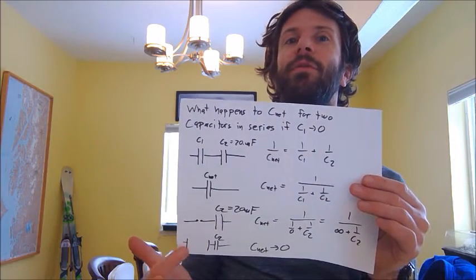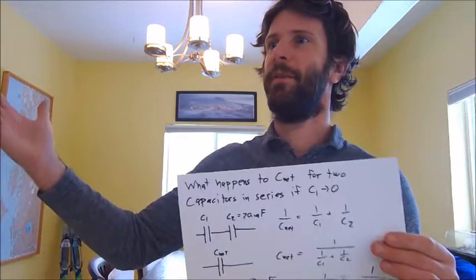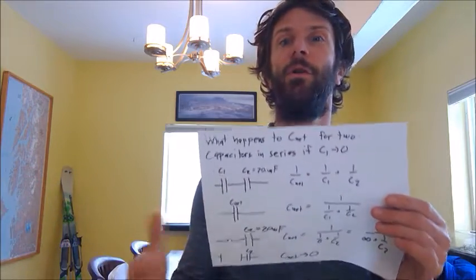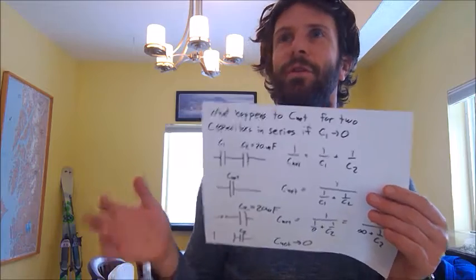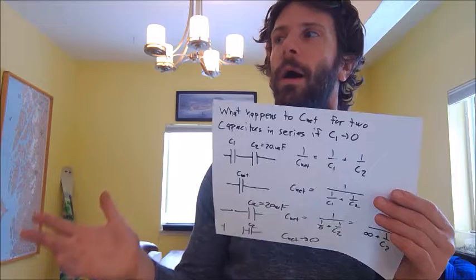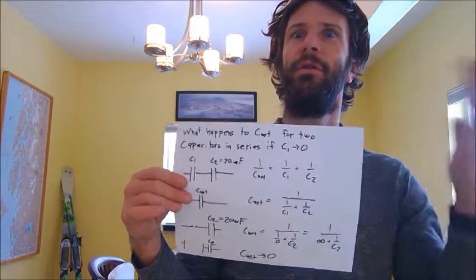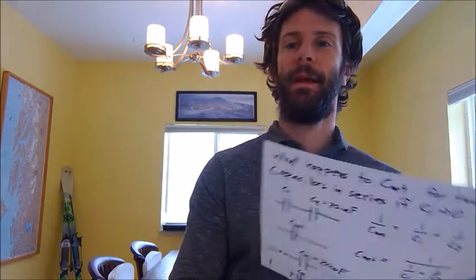If the distance between these two plates is large, it's like having a plate here and a plate 5 feet over there. You're not going to have any current flowing and no capacitance. The net circuit is just going to do nothing, because this is just a break in the wire. And that's why the net capacitance goes to 0. Cool. Okay. We'll look at something else next.